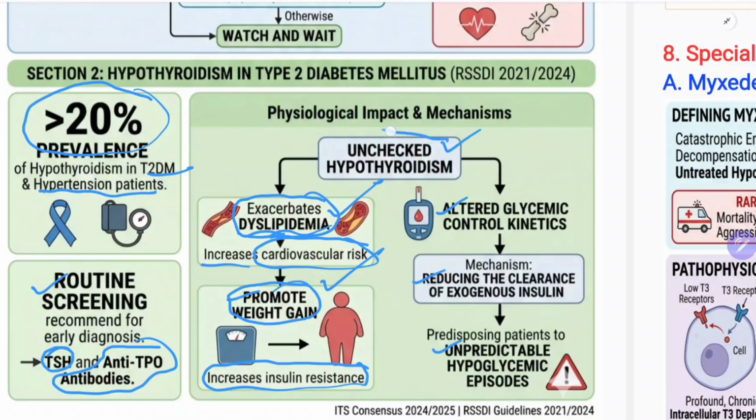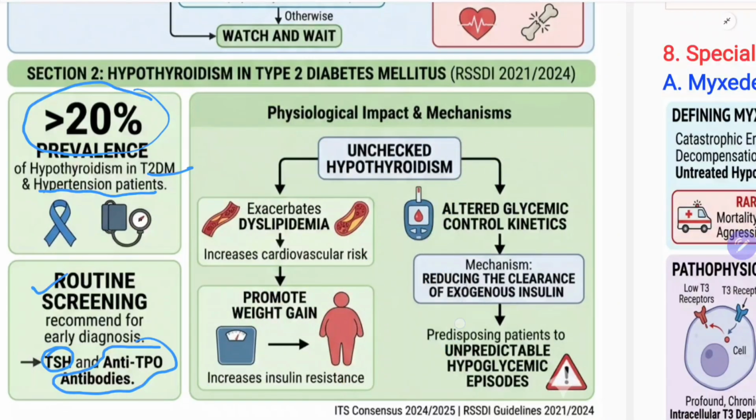Unchecked hypothyroidism, that means this is a very important thing. Patients who have hypothyroidism which is not controlled, meaning the patient has hypothyroidism but is not treated with LT4, can have 3 things. Number 1, an increased cardiovascular risk because of dyslipidemia. Number 2, increased insulin resistance.